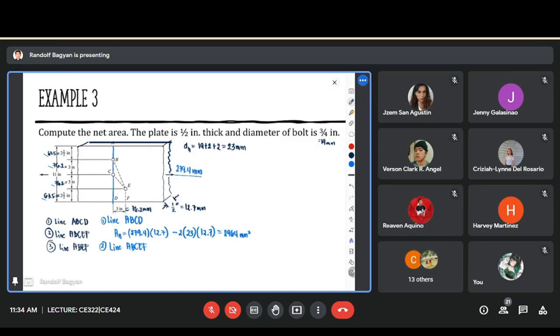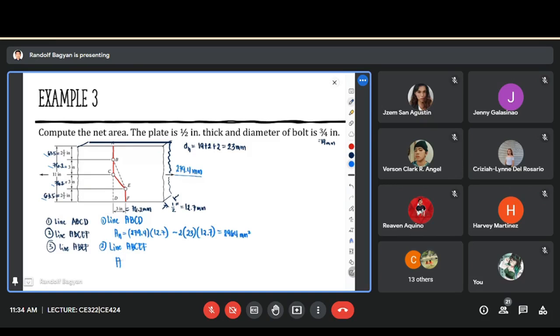And then another line, line A, B, C, E, F. Okay. Ito yung line na yun. Okay, ano yung line A, B, C, E, F? Ito yun. So, meron na tayong zigzag dito, class. So, we have to consider S squared over 4G. Right?